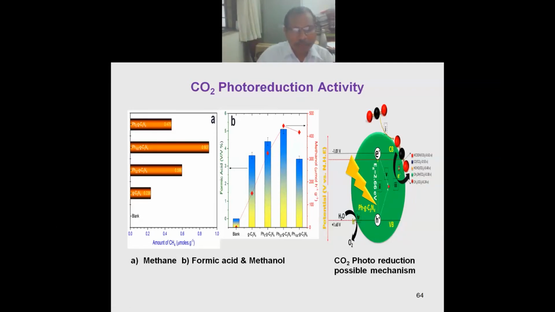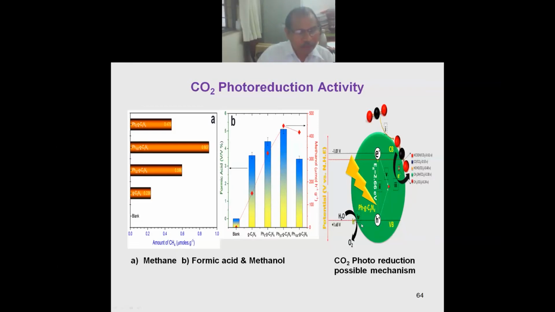Basically, g-C3N4 has nitrogen and carbon, with a lone pair of electrons, and there is adsorption of CO2 and then reduction. The reduction potential for CO2 to formic acid is less negative compared to the potential of the phenyl grafted g-C3N4, and hence there is formation of these different kinds of products.